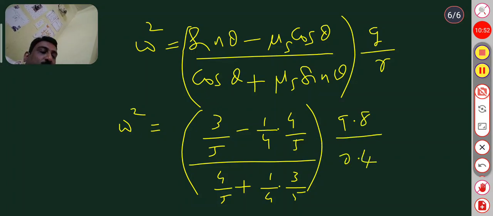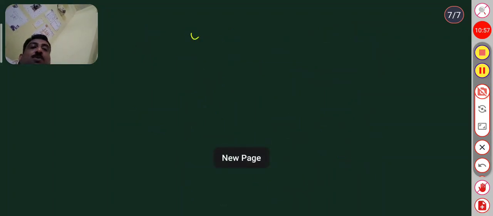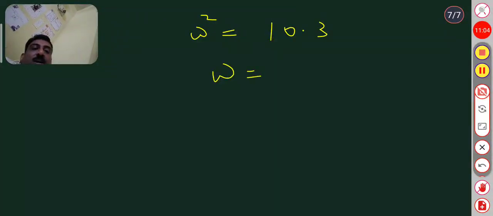If you solve this, you will get omega square equal to 10.3, or omega is equal to 3.2 radians per second.